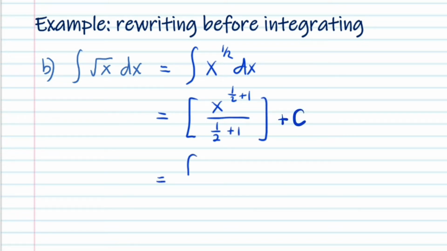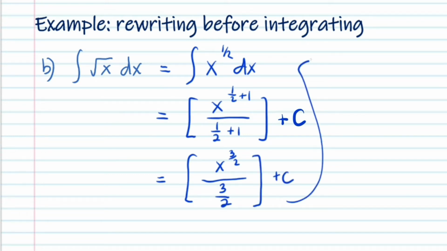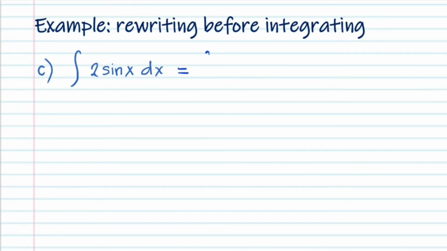Then we have x to the 3 over 2 over 3 over 2 plus c. So simplifying, 2/3 of x to the 3/2 plus c. Example, antiderivative of 2 sine x dx.